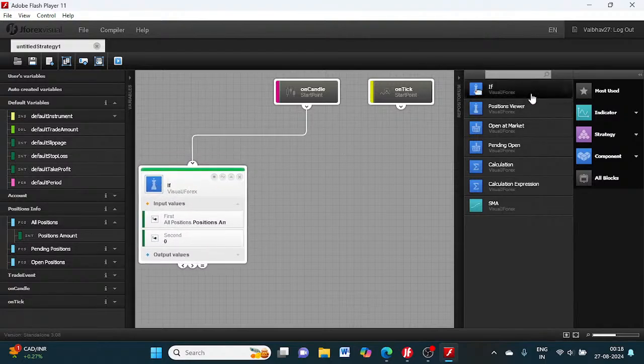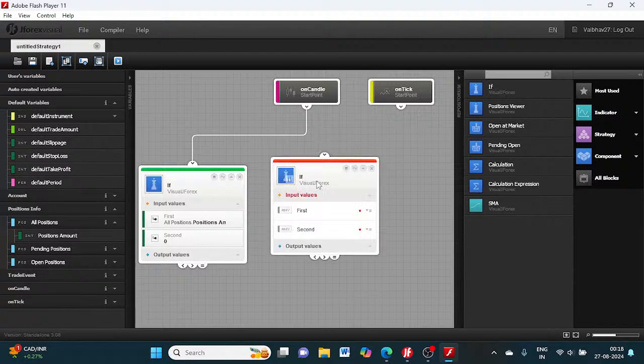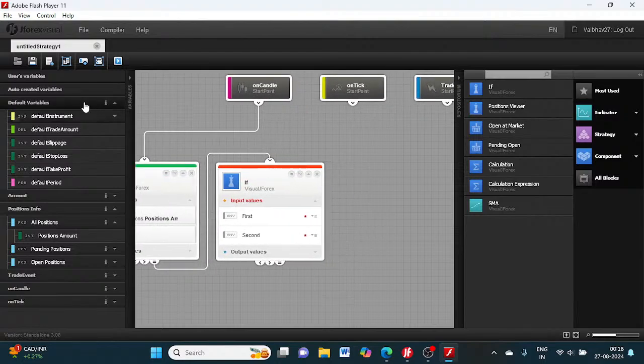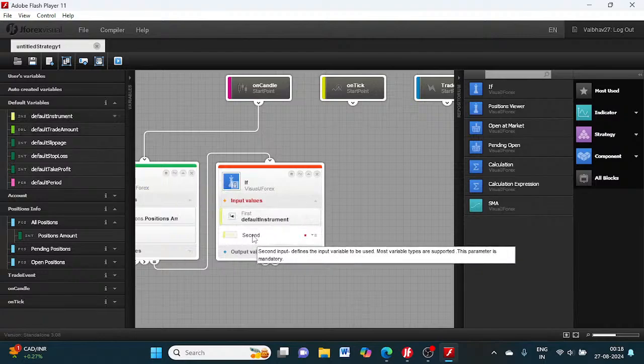Then another condition is going to be put in place, that the candle instrument should be the default instrument, needs to be the instrument of your choice.